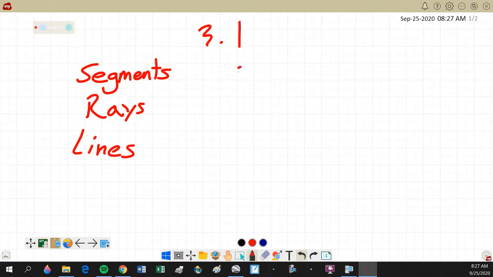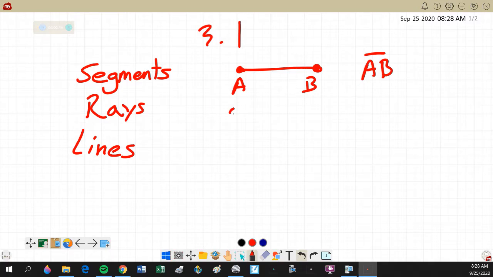So a segment has a starting point and an ending point. Okay? And we list those like this. That's how you name a segment. A ray has a starting point and then it goes forever in some direction.